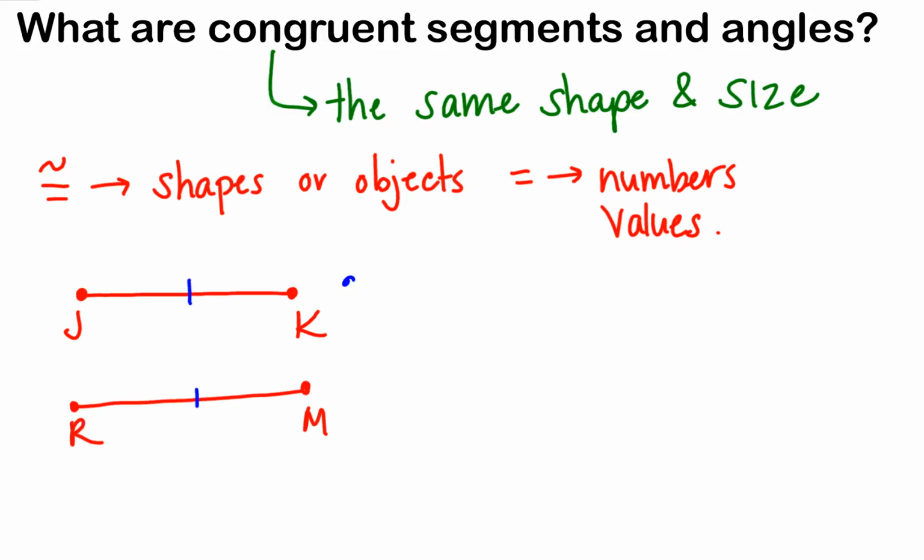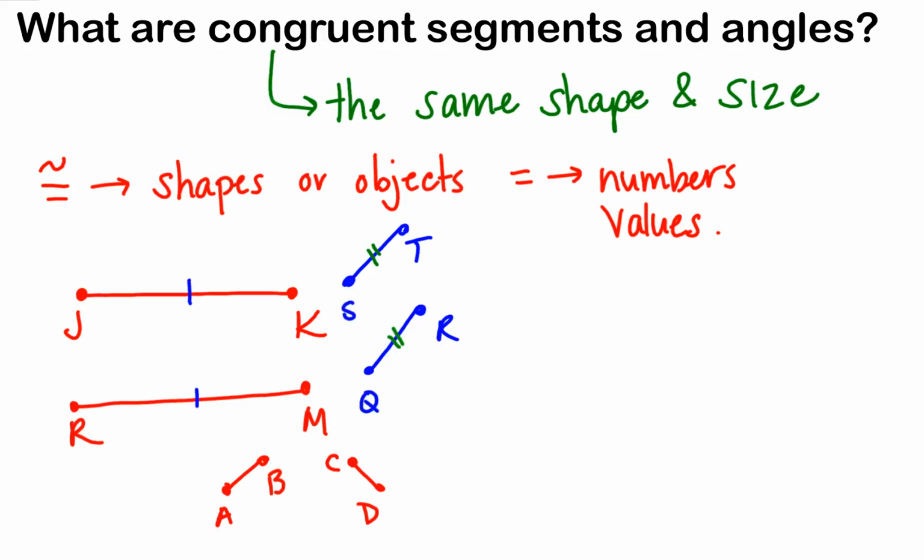If I had two different congruent ones, let's say ST and QR, I could mark those with 2 marks. They don't have to be in the same orientation. They can be rotated around, that's okay.